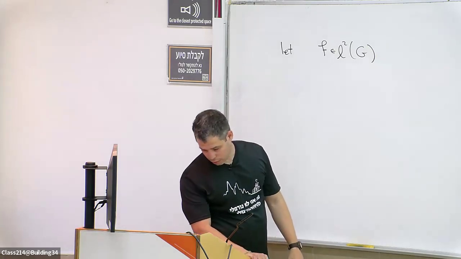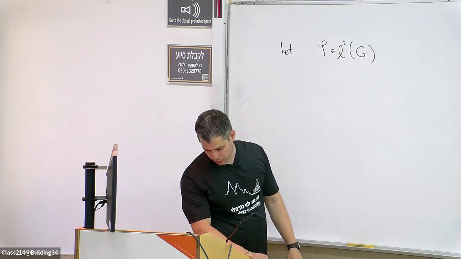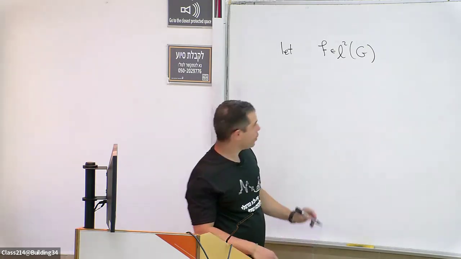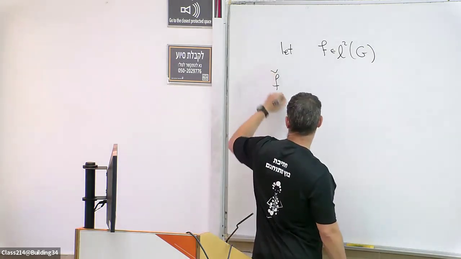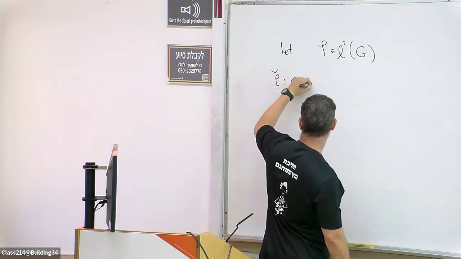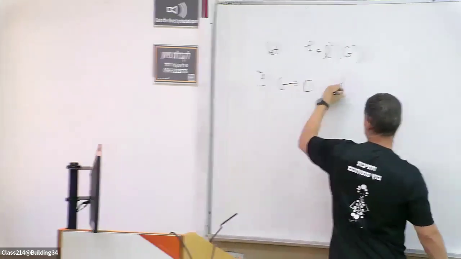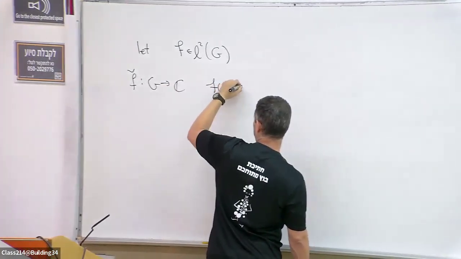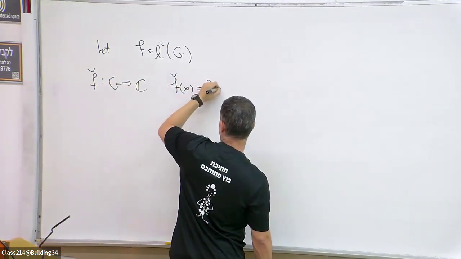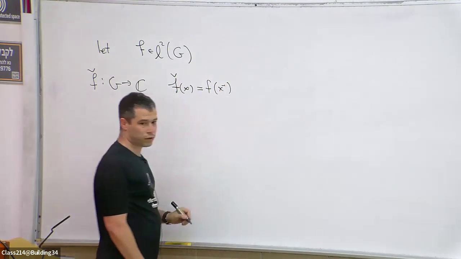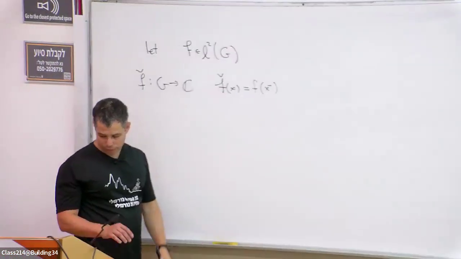And now what we want is, so first of all, what is f check? F check is a function which is defined at x to be f of x minus 1. This is just to reverse the direction of the elements.